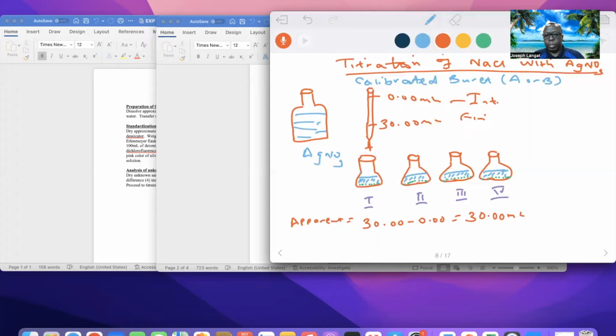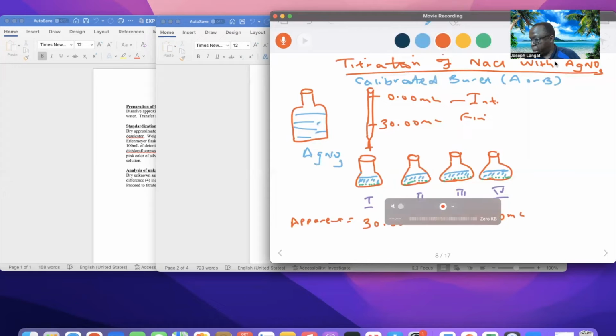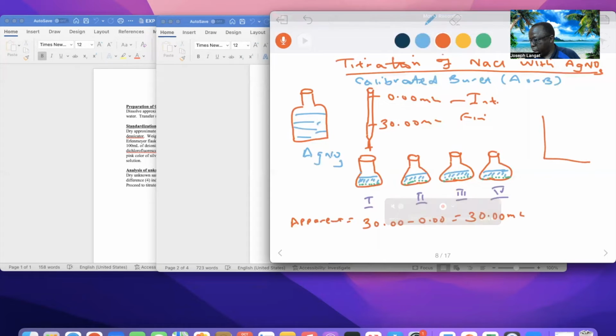You will go back to a calibration curve for burette, either A or B. Let's say this is the calibration curve. It can be going this way. You'll have to see where 30 is and use the correction factor on the y-axis. It could be positive for your case, that's fine.